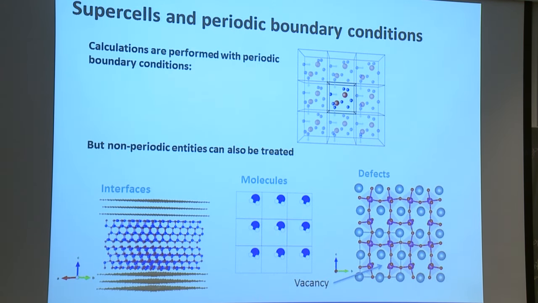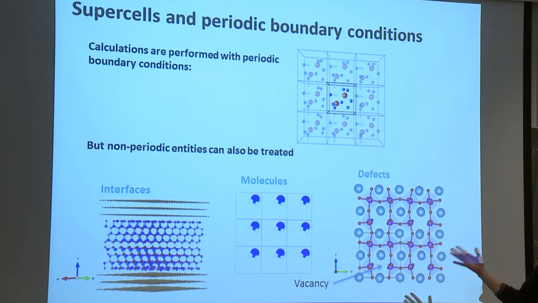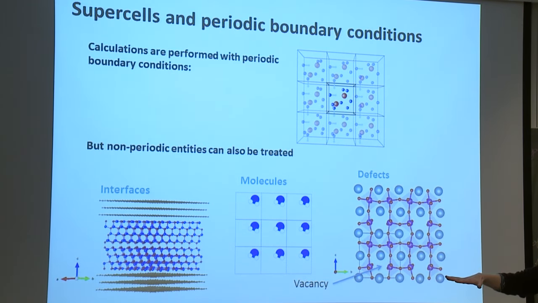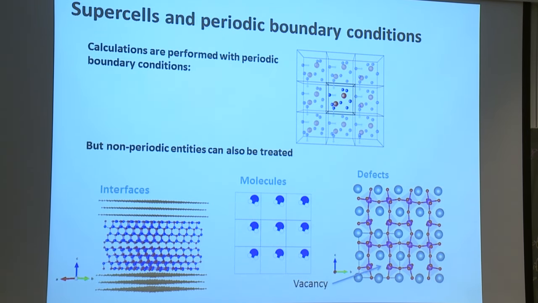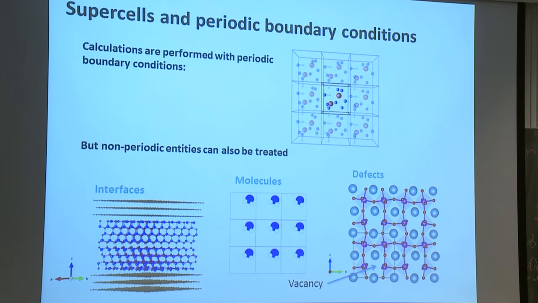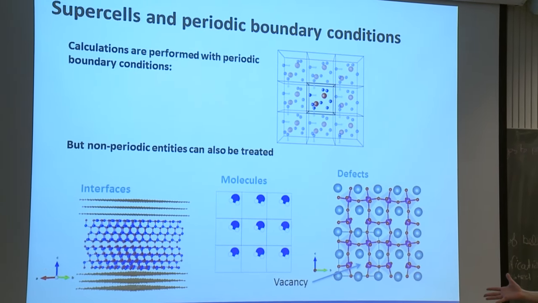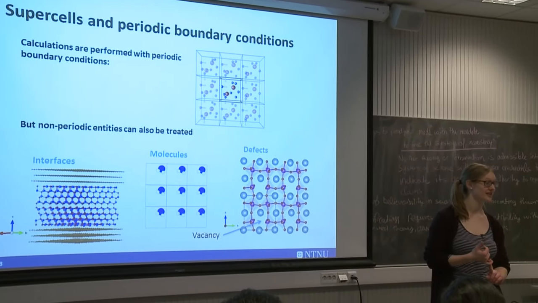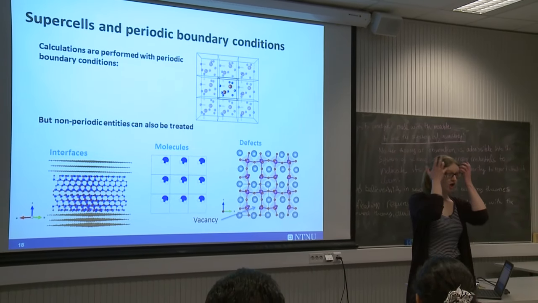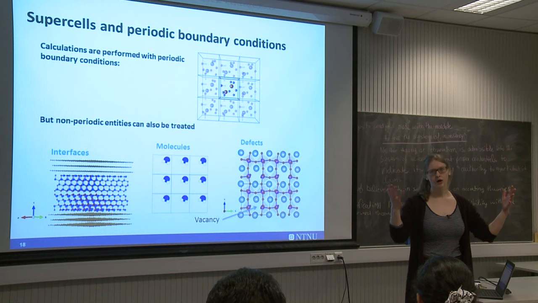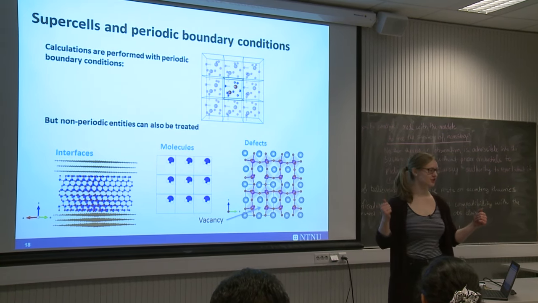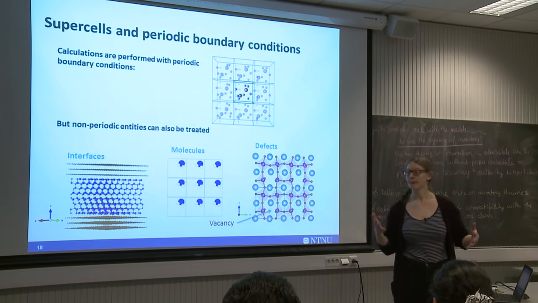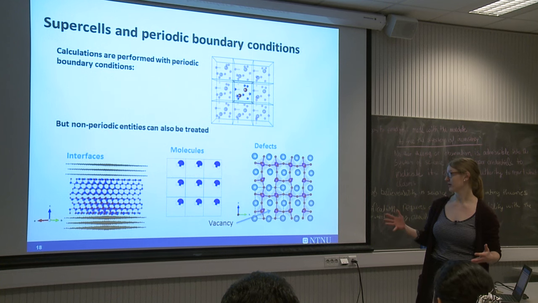That means that you can model non-periodic entities like interfaces, molecules, or defects, so impurities in your system. But then you have to take care when you define your supercell because of these artificial interactions across the periodic boundary conditions.